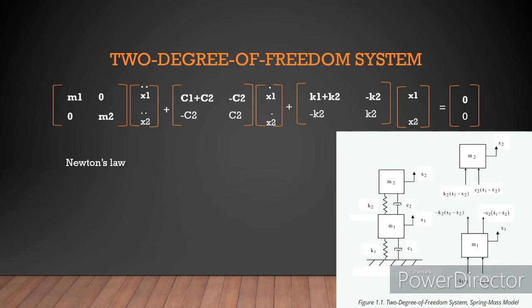Newton's law can be applied to the system in figure 1.1 to derive the equations of motion. The steps are omitted for brevity. The resulting pair of ordinary differential equations can be represented in matrix form and are coupled via the damping and stiffness matrices.